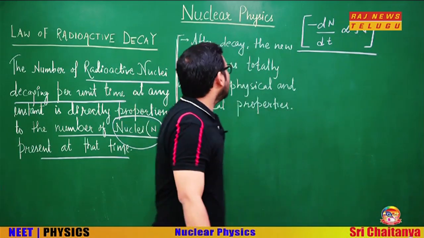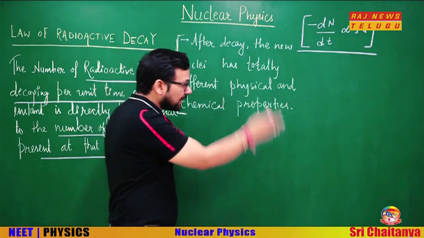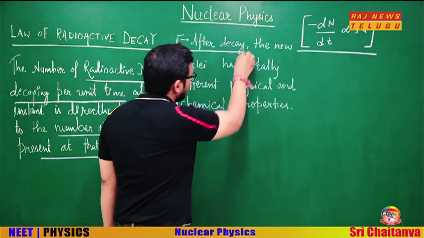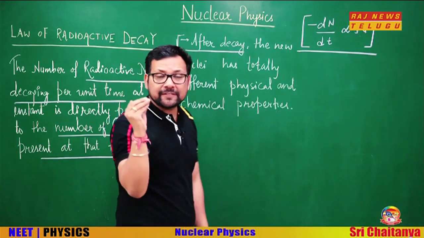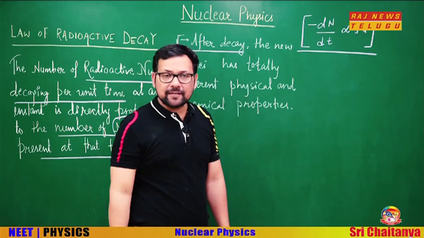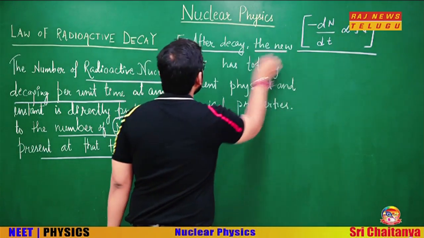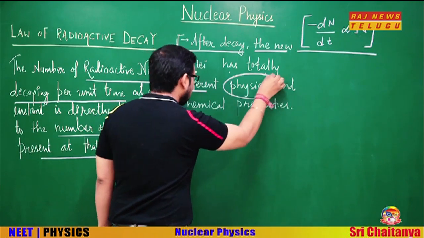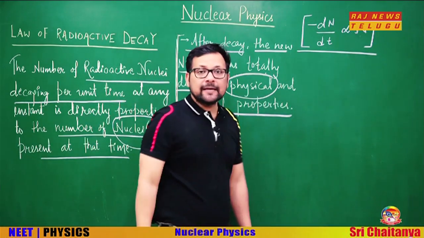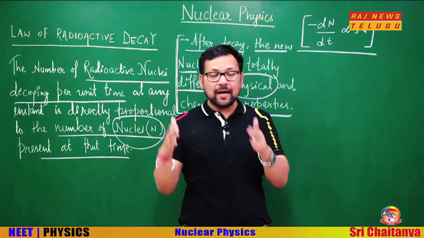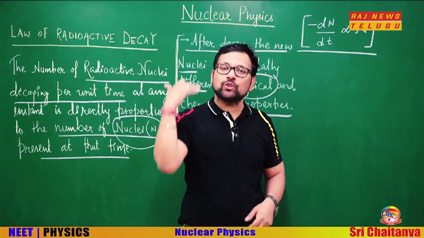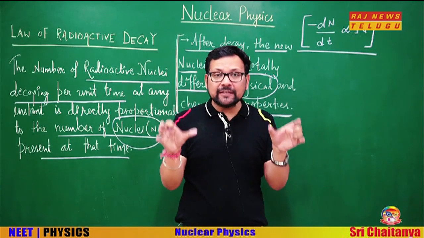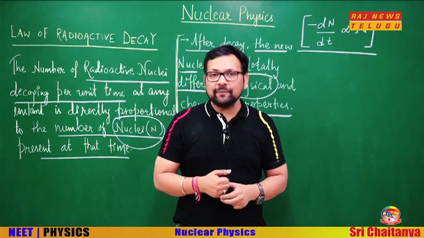Now one more important thing before deriving the actual equation: after decay has happened, what is reached? The daughter nuclei, the stable one. After decay, the new nuclei has totally different physical and chemical properties. It means the parent nuclei, that is unstable, decays to the daughter nuclei, that is stable, but both have a different set of physical and chemical properties.